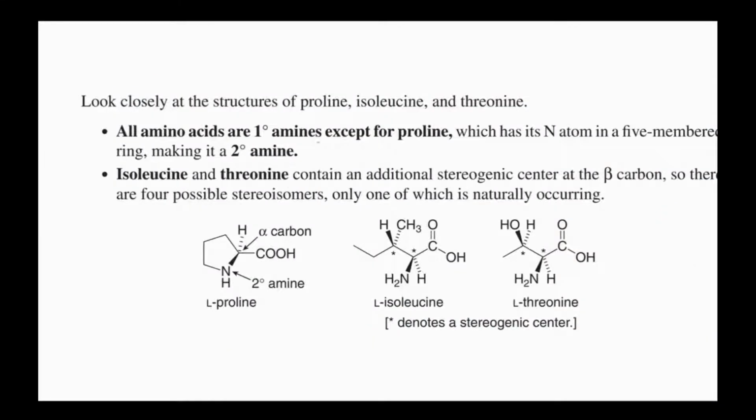Look closely at the structures of proline, isoleucine, and threonine. All amino acids are 1-degree amines except proline, which has its N atom in a 5-membered ring, making it a 2-degree amine. Isoleucine and threonine contain an additional stereogenic center at the beta carbon, so there are 4 possible stereoisomers, only one of which is naturally occurring.